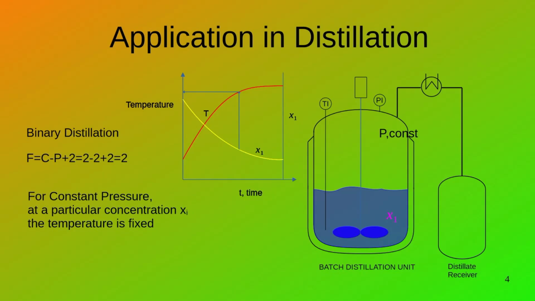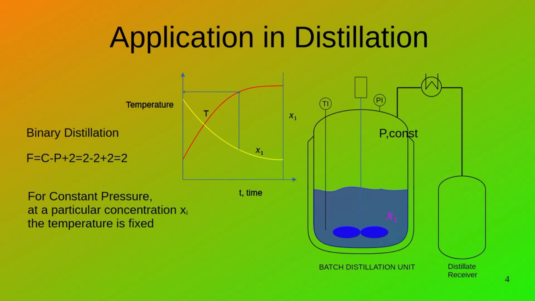Now, as the distillation goes, the temperature is going to increase. Now, this is the starting concentration and this is the starting temperature. So, as the distillation proceeds and the concentration of x1 reduces, the temperature in the still goes up.